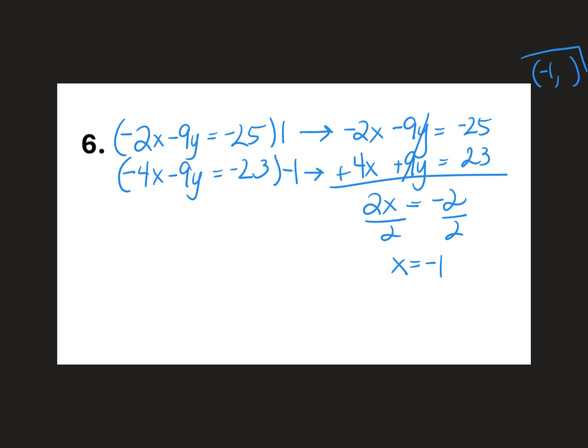Immediately I put a box and put -1 as my solution for the x, and then I know I'm not finished because I have a blank there for my y. Then what I would do to find y is substitute. Pick a spot where there's an x and substitute it in. I'm just going to put it into the top equation. It does not matter.